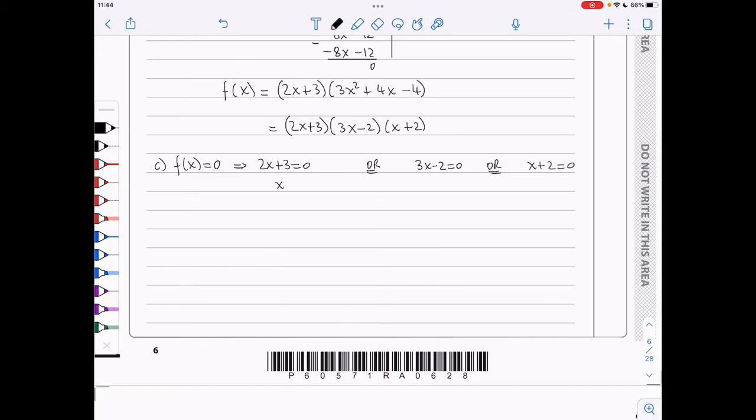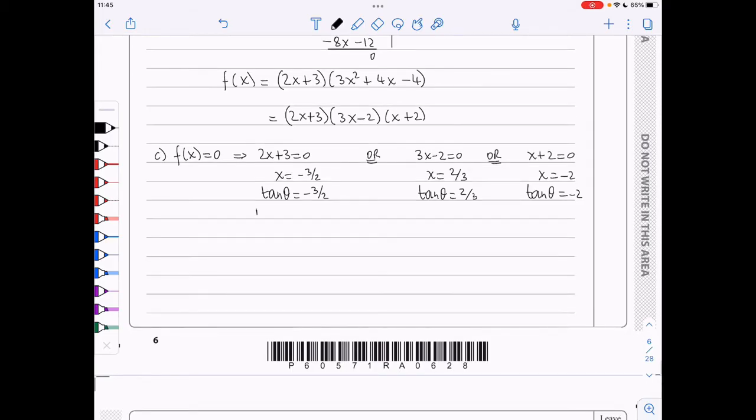So we've got x is minus 3 over 2, or x is 2 over 3, or x is negative 2, which means that tan theta is minus 3 over 2, or tan theta is 2 over 3, or tan theta is negative 2. We are in radian mode. I'm gonna generate the PV for each of these simple trigonometric equations in tan.